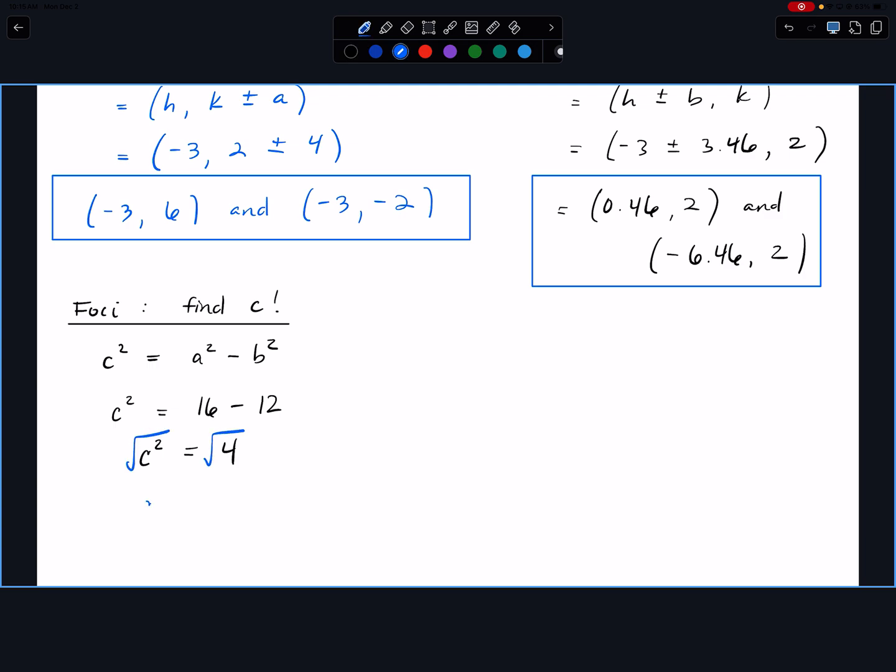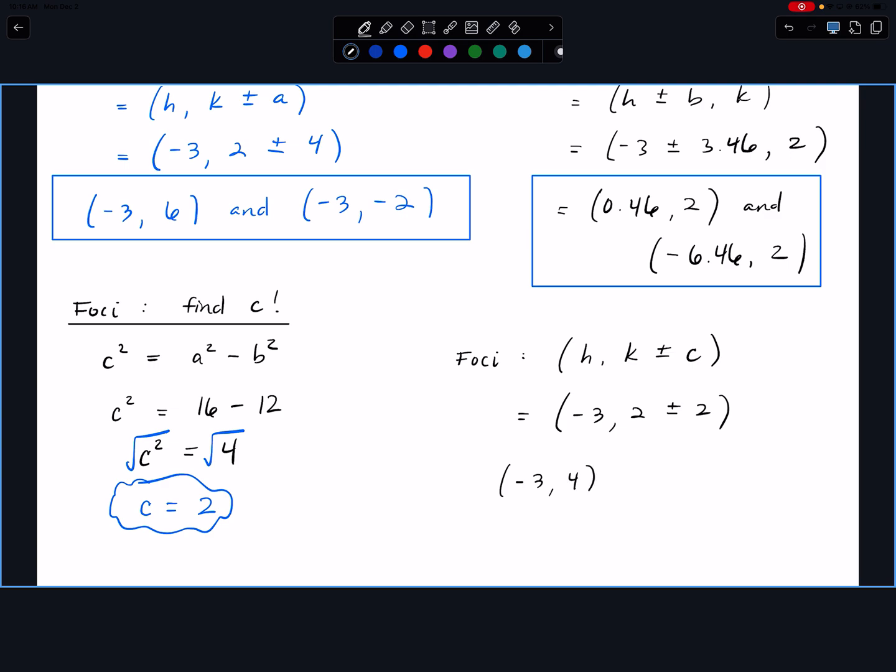What's the square root of 4? 2. Since it's a vertical major axis, the foci are going to be h, comma, k plus or minus c. So it's going to be -3, comma 2 plus or minus 2. So -3, comma 2 plus 2 is 4, and -3, comma 2 minus 2 is 0.